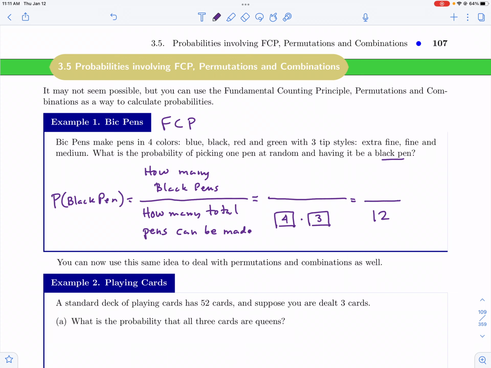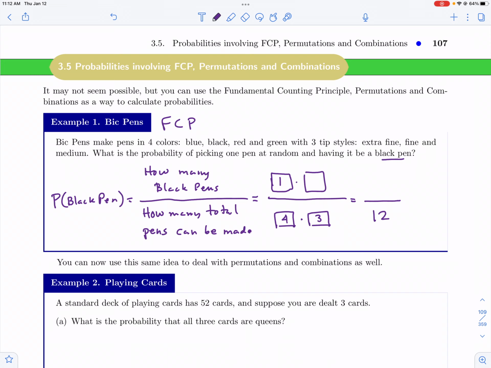Now for the top number, I want to, again, draw my 2 little boxes. But for this one, I want to guarantee that we have a black pen. So the only color that we're interested in is just black. So that means we can throw out blue, throw out red, throw out green. That's forcing us to have just one single choice, the black pens.